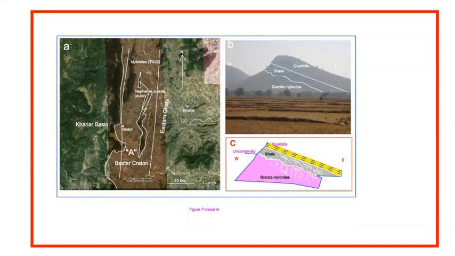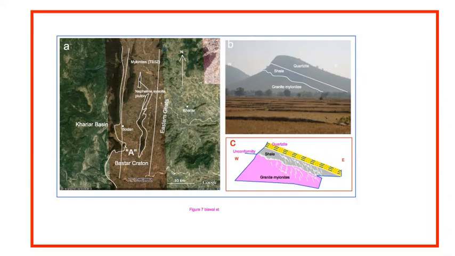So if that is the case, then this quartzite must be younger than 517 million years. Quartzite must be younger than 517 million, because we are constraining the thrusting as per the date of the nepheline syenite, that is 517 million years. So this quartzite is also less than 517 million.